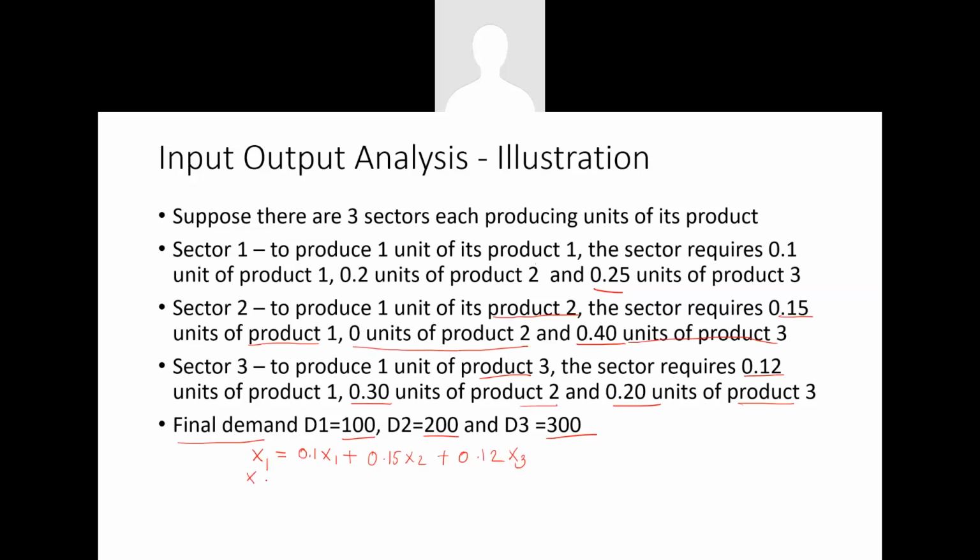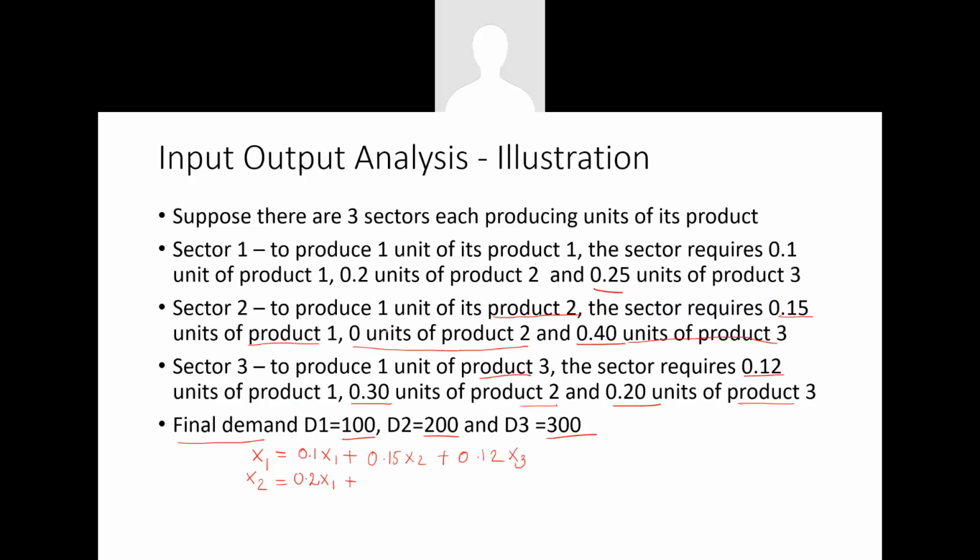Now similarly, you can write x2's total output to be produced based on the input demand. To produce 1 unit of x1, you actually require 0.2 units of x2. So it can be written as 0.2 x1 plus.